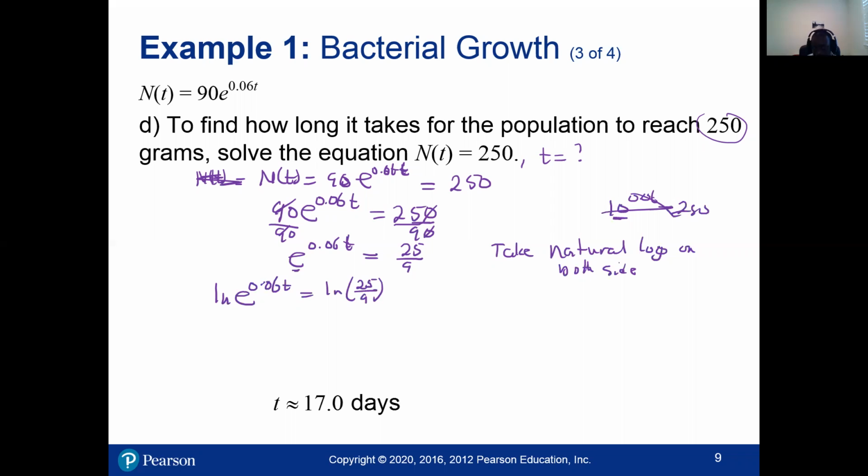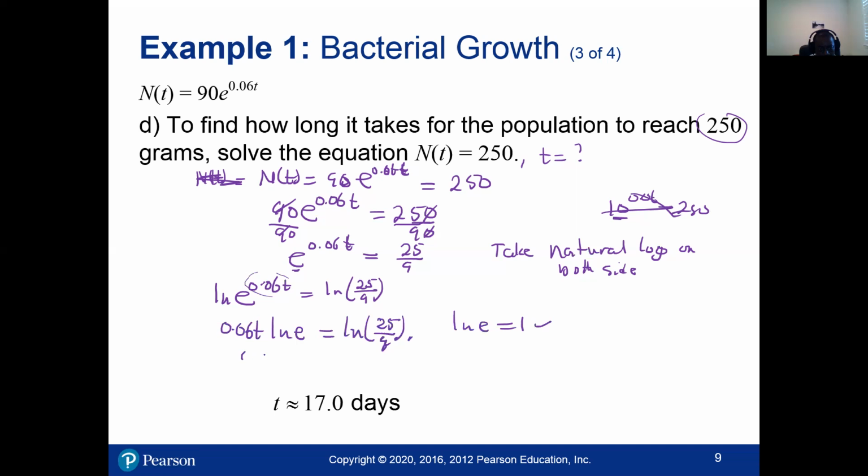Then by one of the properties, the 0.06 t comes to the front. So that becomes 0.06 t times the natural log of e, equal to the natural log of 25 over 9. Now, the natural log of e is equal to 1.